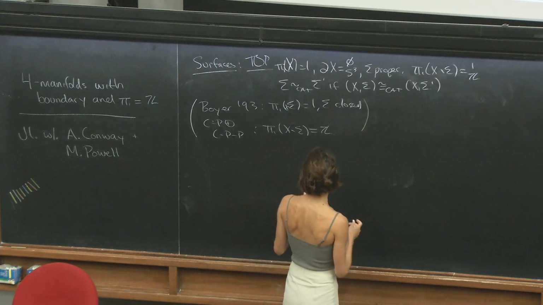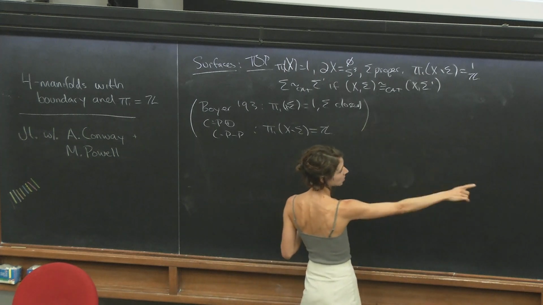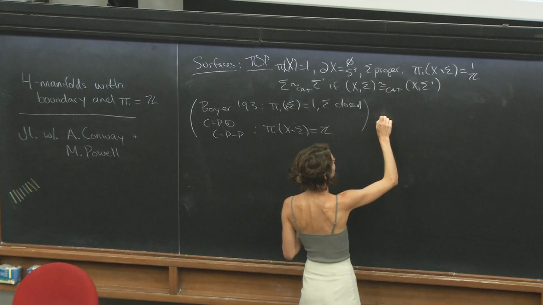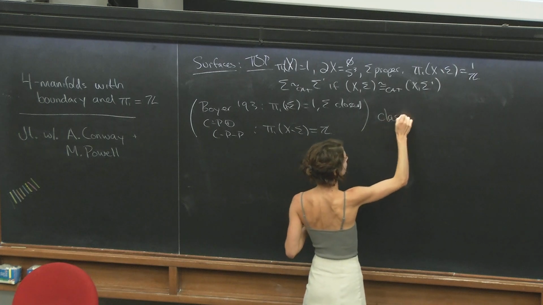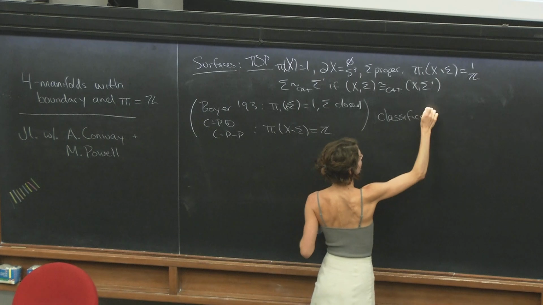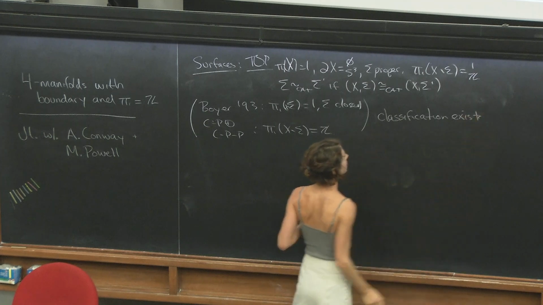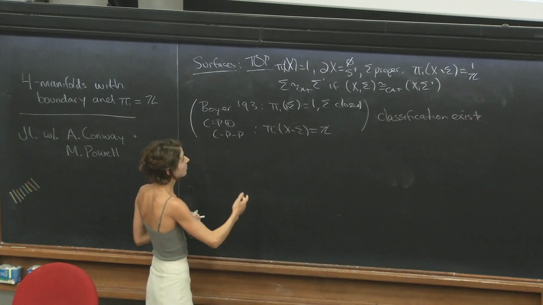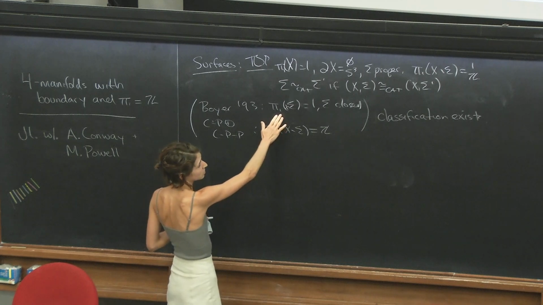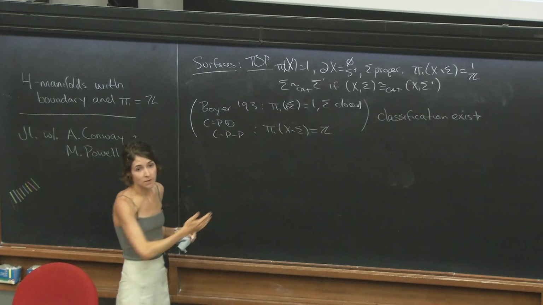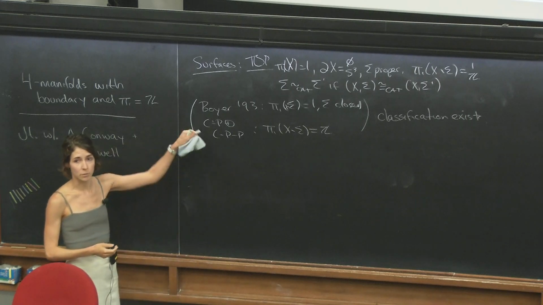I'm not going to state the whole classification here. It looks rather similar to this. So let me just say that classifications exist. A comment is that it's not written down in the literature for simply connected complements for surfaces with boundary, but it's recoverable from this.